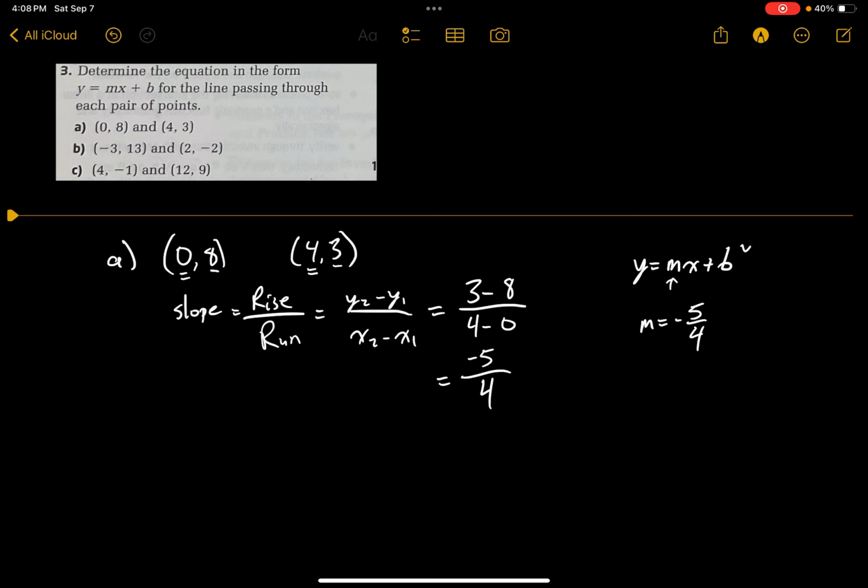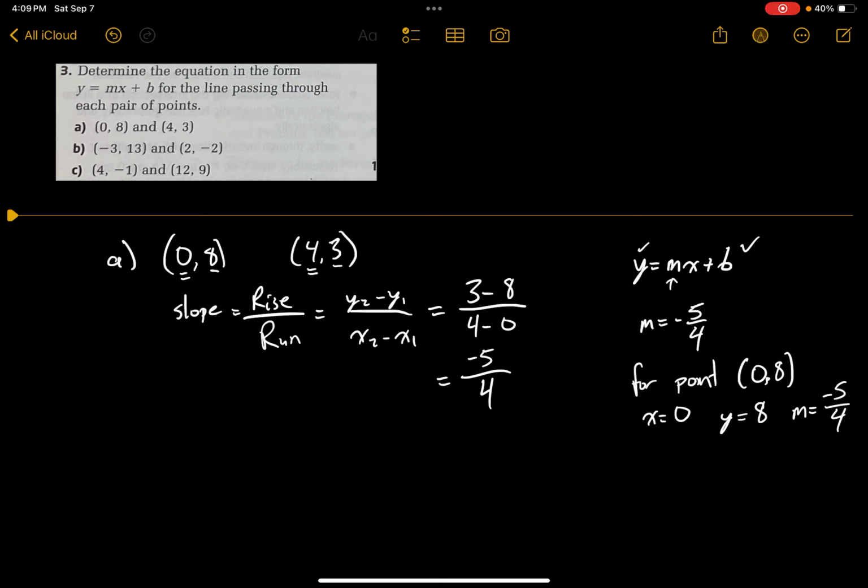Okay, now what's b? How do we find b? Well, the trick is, because we know now that we have a value for m, we can look at this point right here, 0 and 8. For that point, x is equal to 0, y is equal to 8, and at any given point on the line, m equals negative 5 over 4.